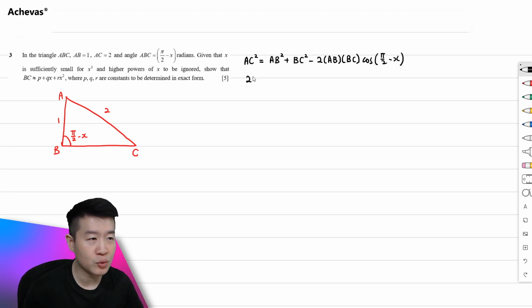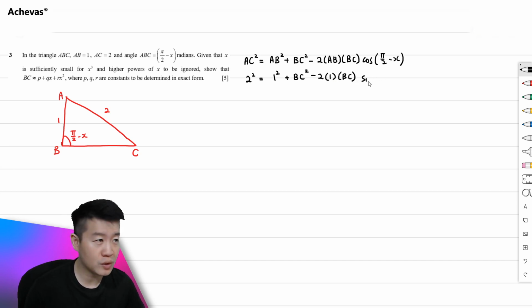AC is 2, so we have 2 square. AB is 1. Then BC is what I'm going to try and make the subject. Minus 2 times AB, which is 1, times BC. I am going to convert this to sine of x.